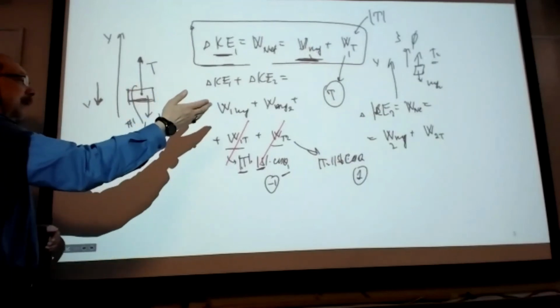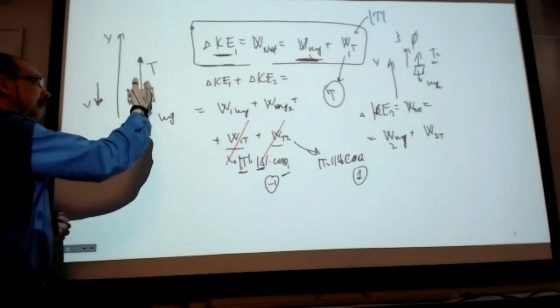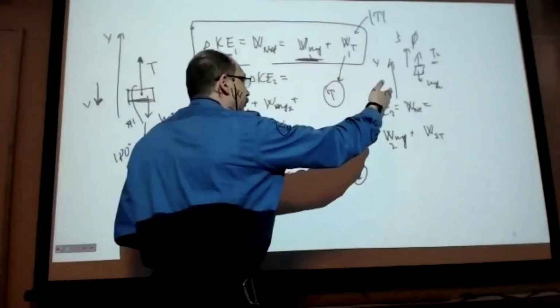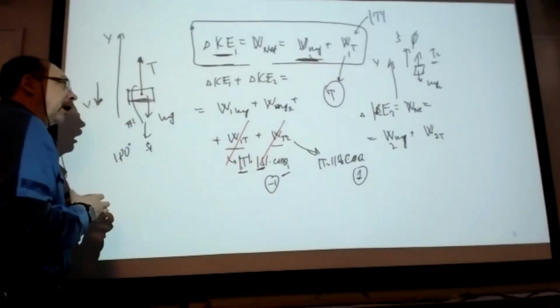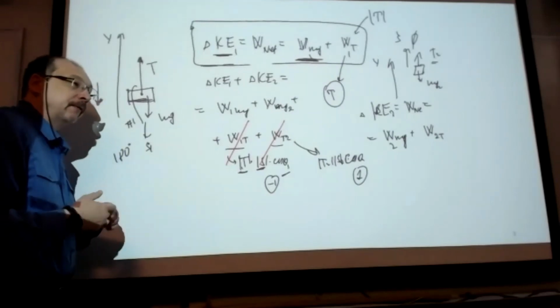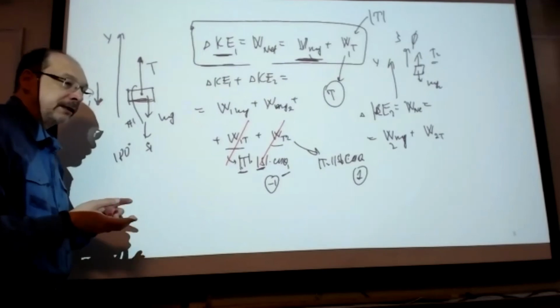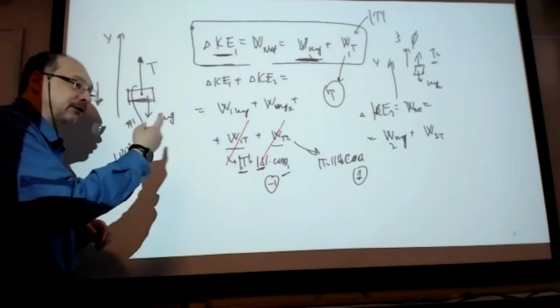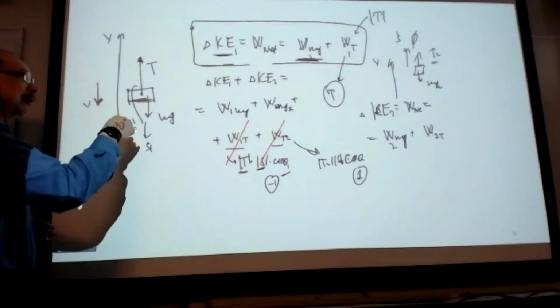For each weight, we have only 2 forces acting on it, gravity and tension. Gravity and tension, that's it. So what I could do, I could write the work kinetic energy theorem for the whole system, or I could write work kinetic energy theorem for each weight individually. That's what I did right here.